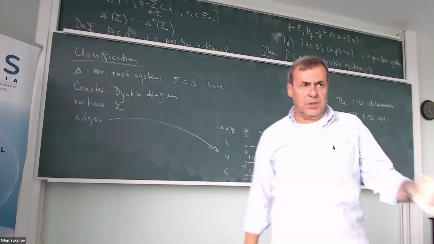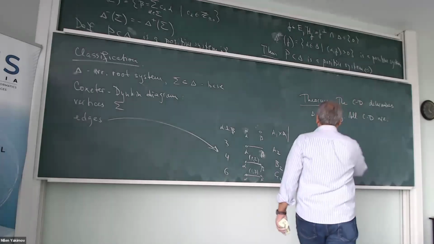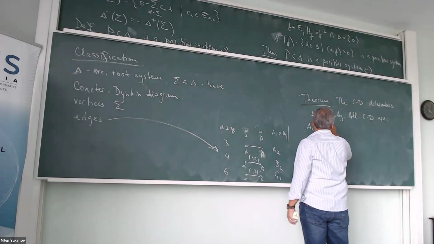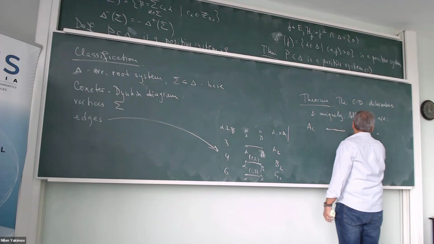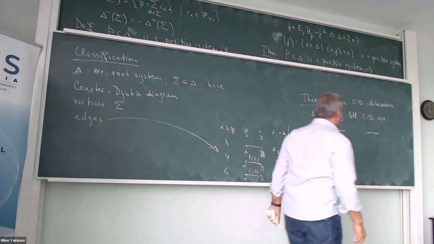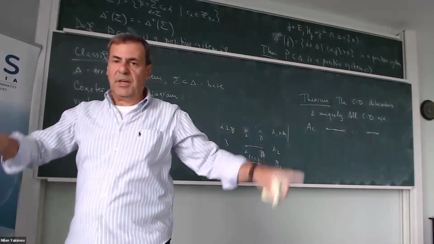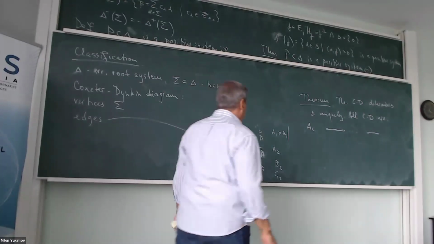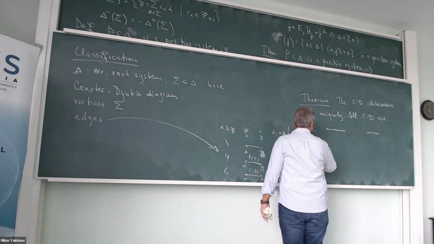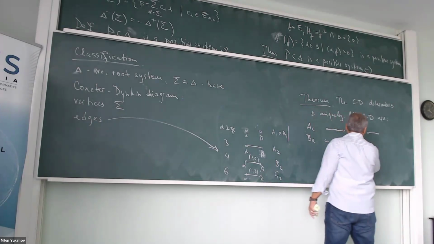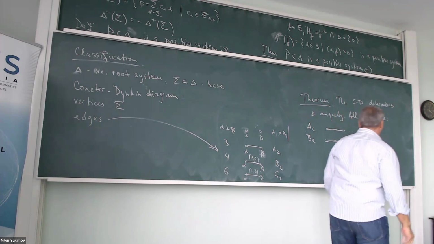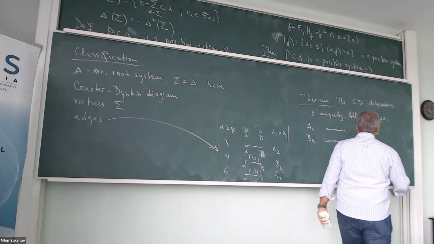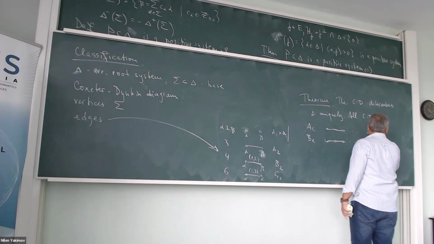And they come in 4 series. AL, which have just a string with simple links. BL, a string with simple links, and the last one is short.